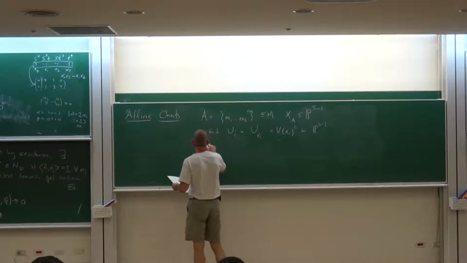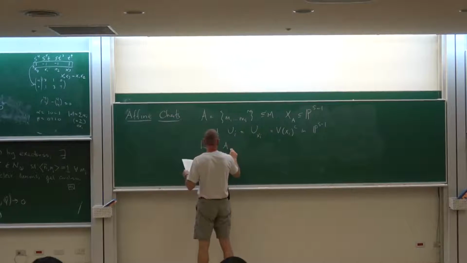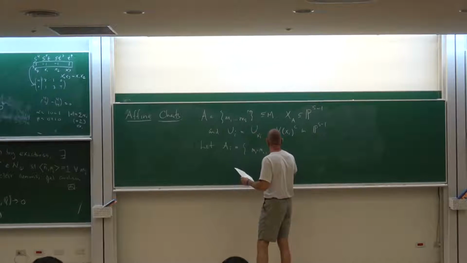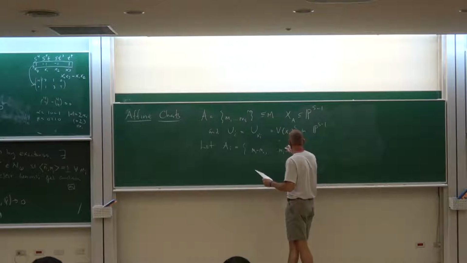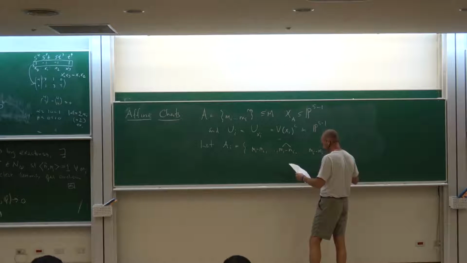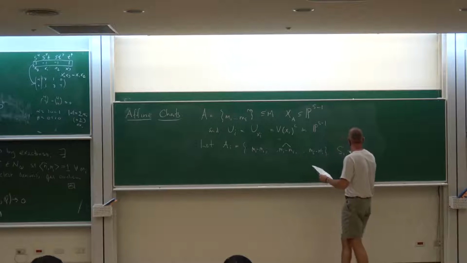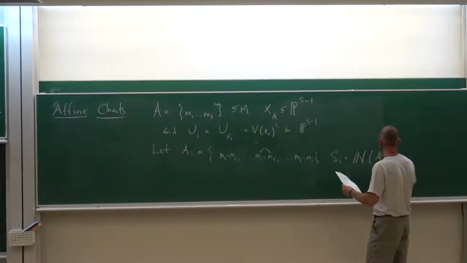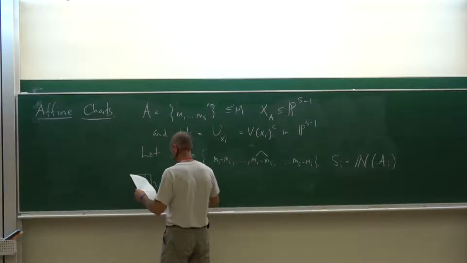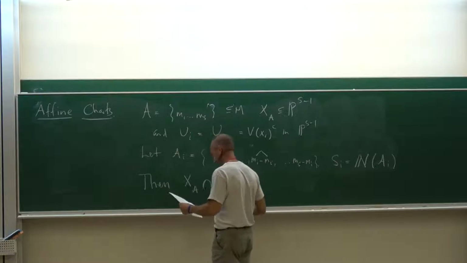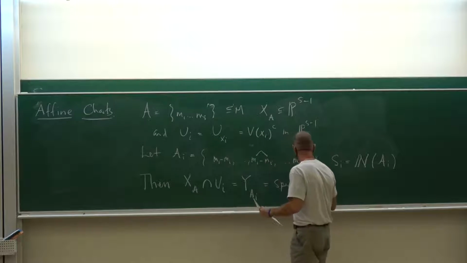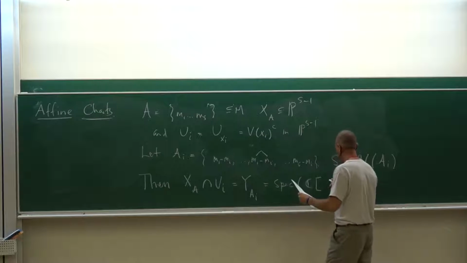And we let A_i be equal to m_1 minus m_i, m_i minus m_i left out, up to m_s minus m_i, and S_i is equal to N of A_i. Then X_A intersect U_i is equal to Y of A_i, which equals Spec of C of S_i.